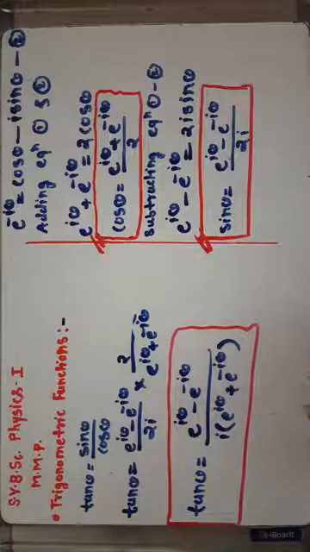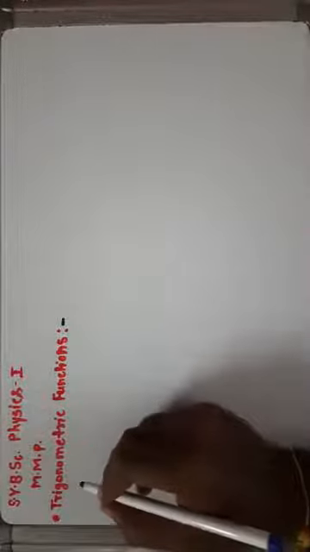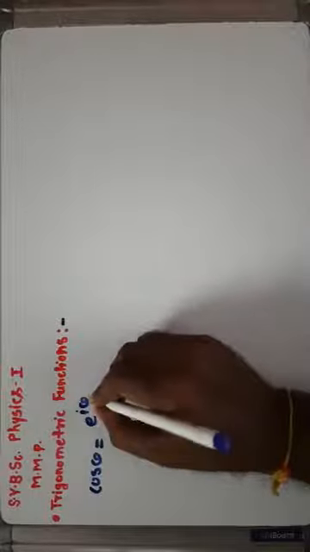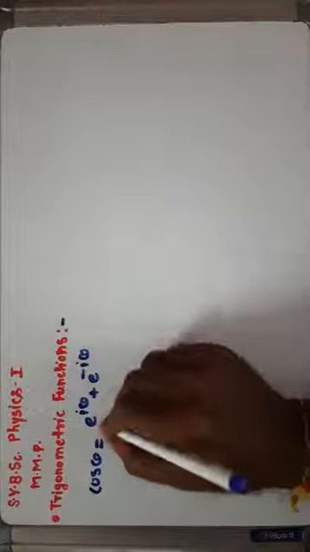Okay, that means in trigonometric functions, using Euler's formula and replacing theta by minus theta, we derive that cos theta is equal to e raised to i theta plus e raised to minus i theta divided by 2.